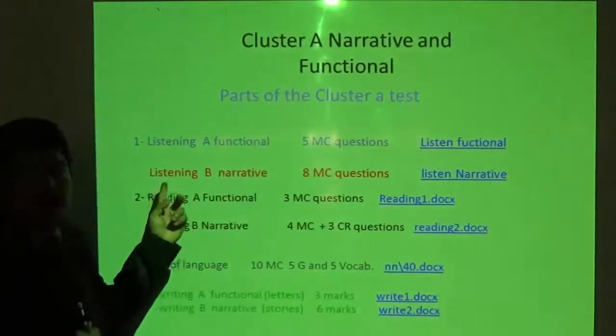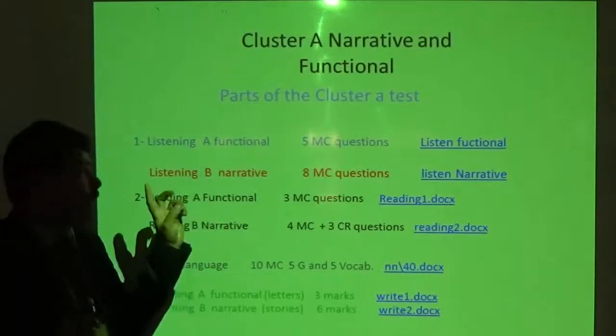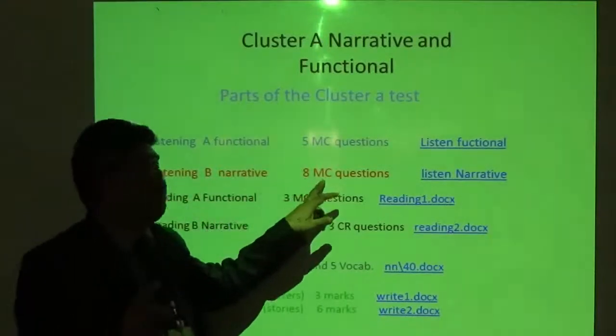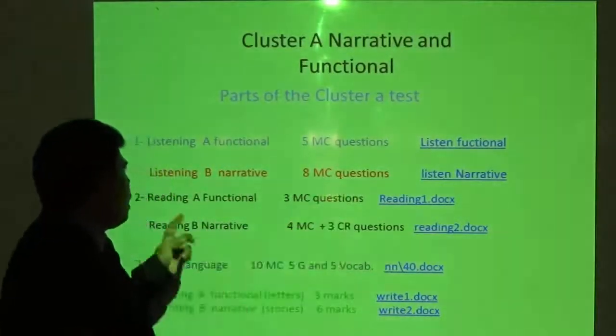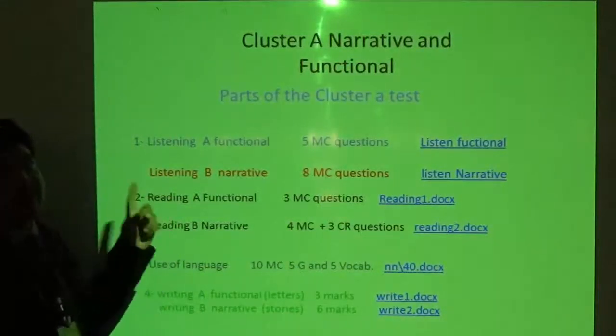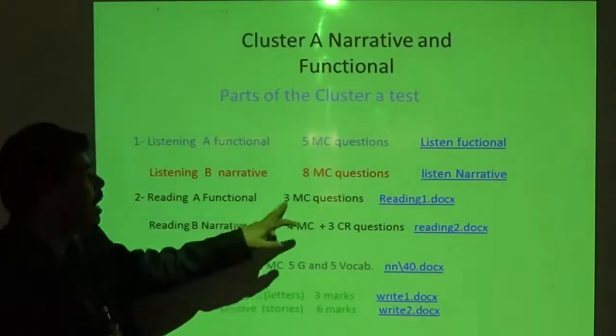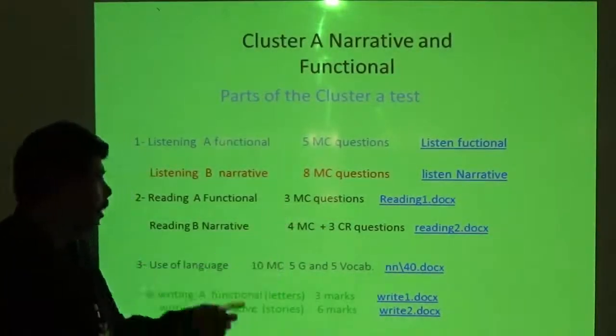Then you are going to listen to part B, the narrative, a story. It has 8 MCQ questions. Then the second part is the reading. Reading number A is the functional. You are going to read a letter, one of the letters, and it has 3 MCQ questions.